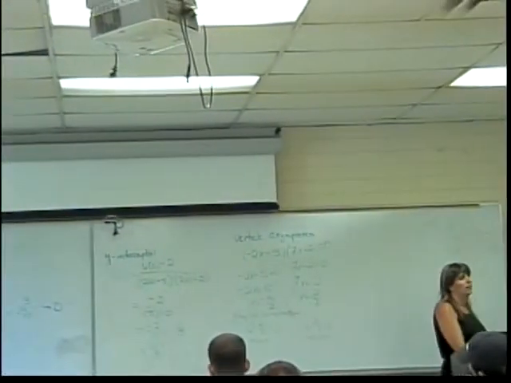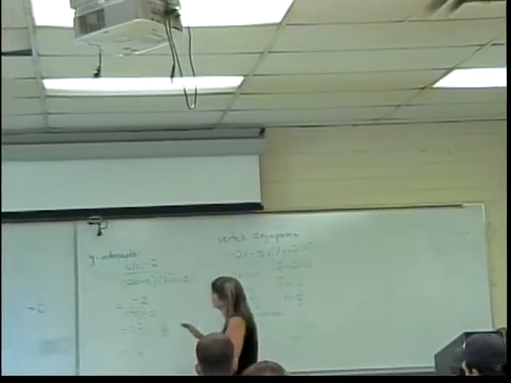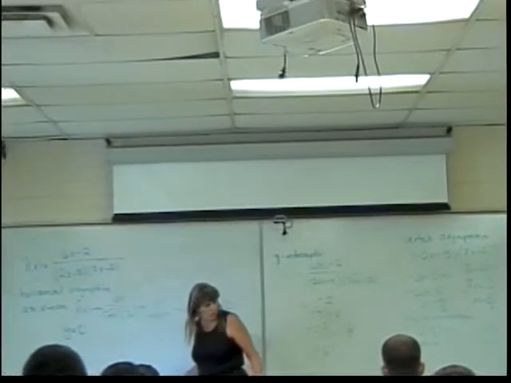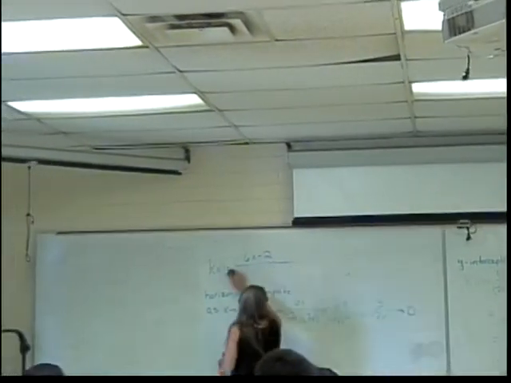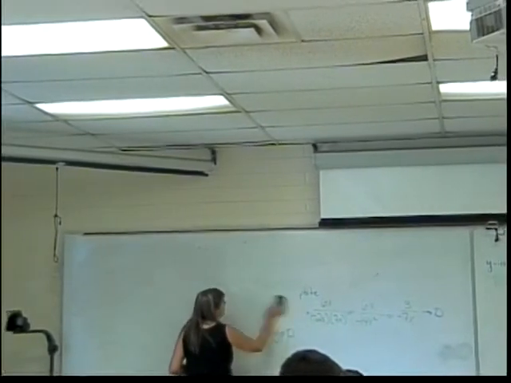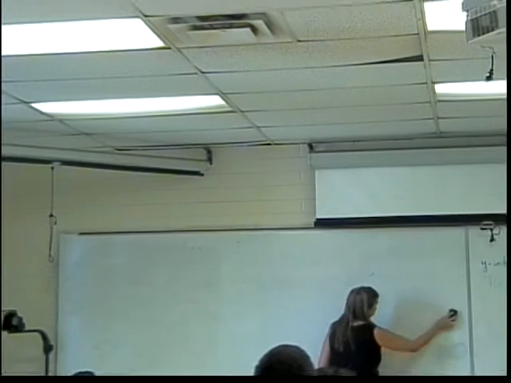Now, you now know how to find an x-intercept, a y-intercept, vertical and horizontal asymptotes, and so I'm going to give you a problem to do. I want you to find just the vertical and horizontal asymptotes for this function.